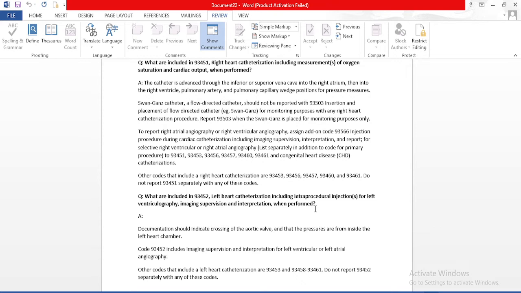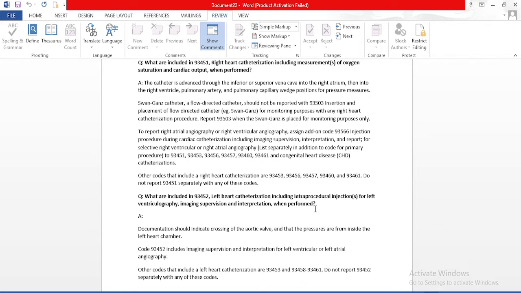A Swan-Ganz catheter, a flow-directed catheter, should not be reported with 93503, insertion and placement of flow-directed catheter for monitoring purpose, with any right heart catheterization. Report 93503 when the Swan-Ganz is placed for monitoring purpose only. So with right heart cath, we can't use 93503. If it is only for monitoring, we need to use 93503.